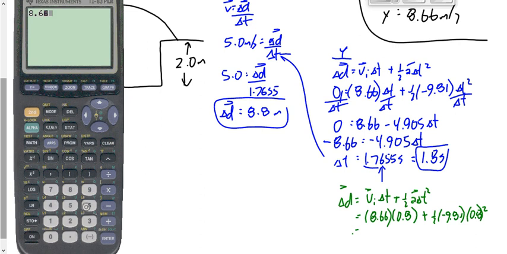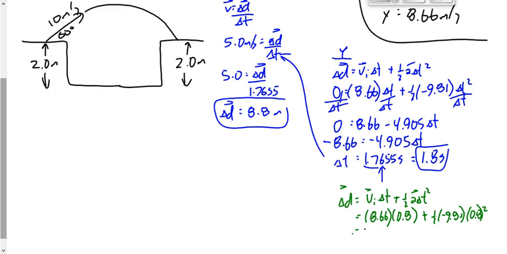I get 8.66 times 0.8, 6.928. Let's add to that, brackets 0.5 times negative 9.81 times 0.8 squared. 3.8. So the height of this thing at 0.8 seconds is 3.8.